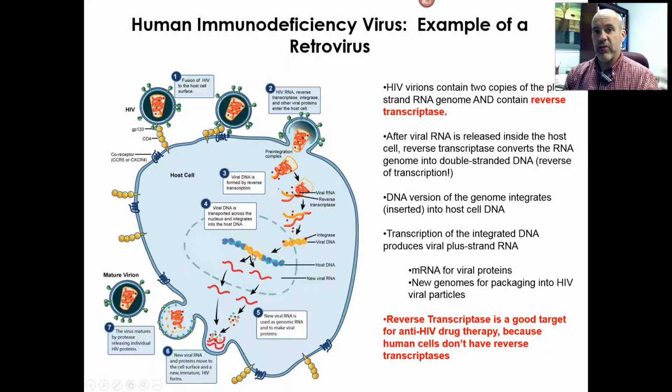So you can take drugs if you have AIDS and beat down the amount of virus that's present in your blood and other body fluids, but the genome of the virus is just kind of sitting there waiting, and if you go off of those drugs, it gets activated again, and you just start assembling lots of these new HIV particles all over again. So we don't really have a concrete cure yet for HIV, unfortunately, because of some of these features of its life cycle.